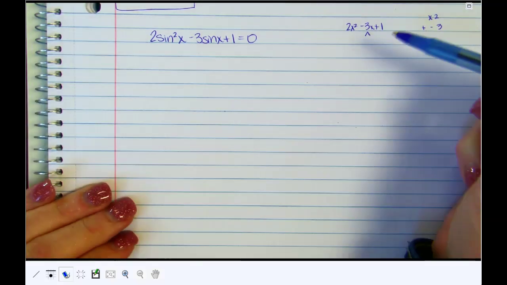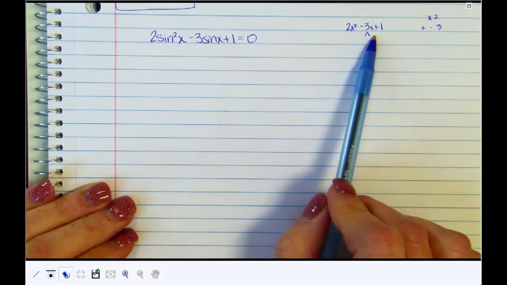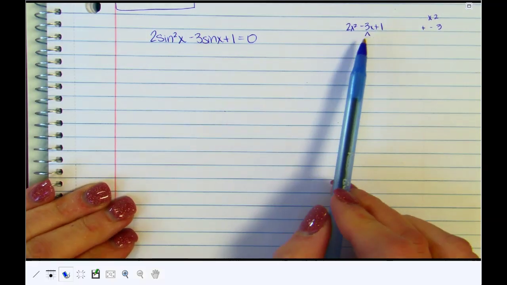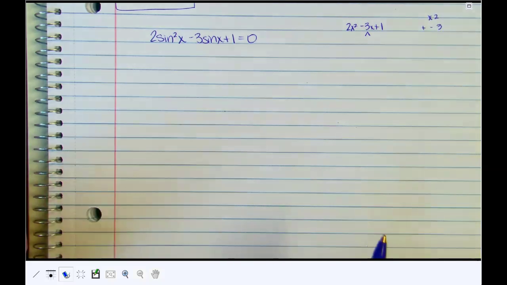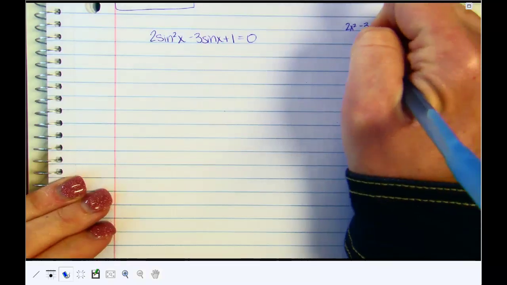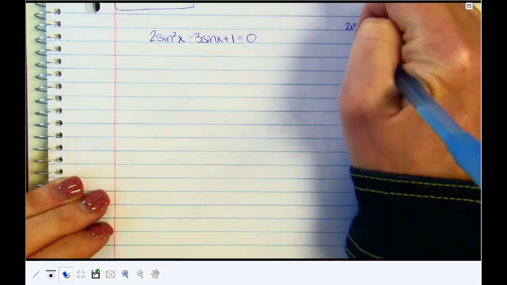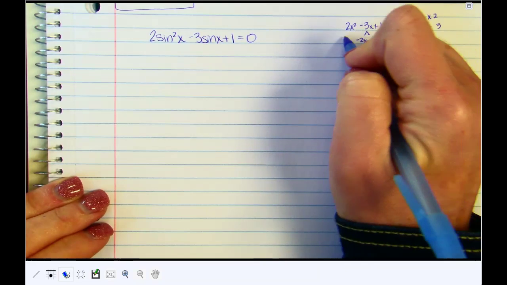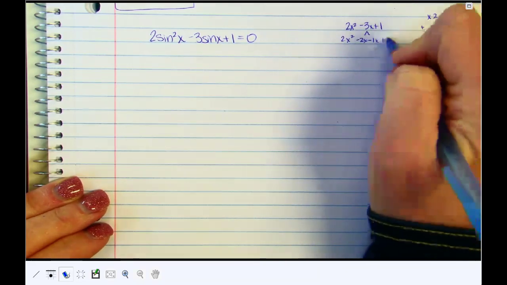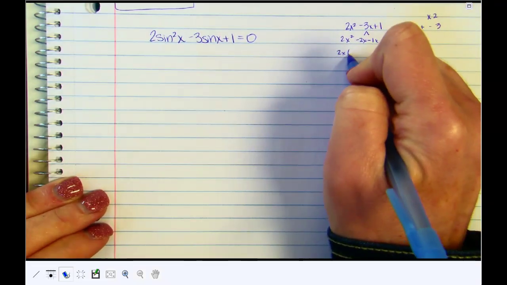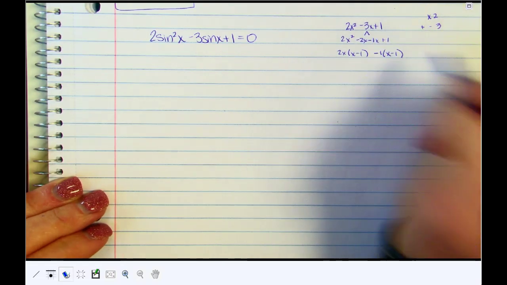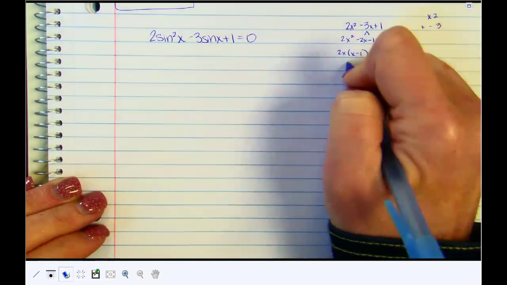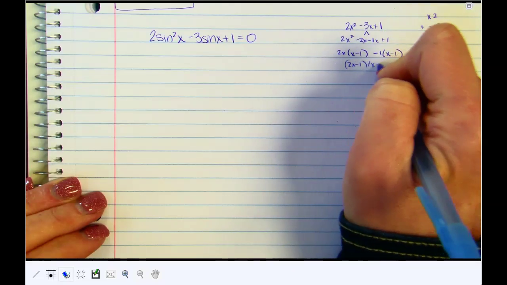Going to just the regular old quadratic bones of this thing, what multiplies to 2 and adds up to negative 3? Yeah, negative 2, negative 1. So you factor to 2x minus 1 and x minus 1.